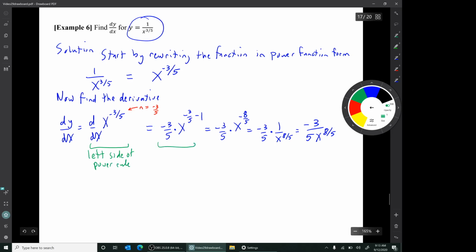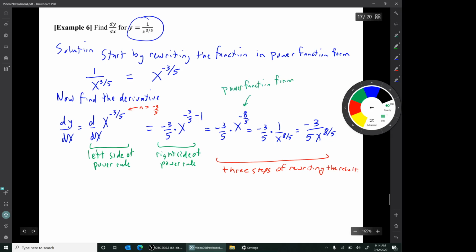The right side of the power rule, which does not have the d over dx and has some arithmetic going on. And then notice 3 steps of rewriting the result. So we ended up with a result that was in power function form, but it happened to have a negative exponent. So we rewrote it in positive exponent form.